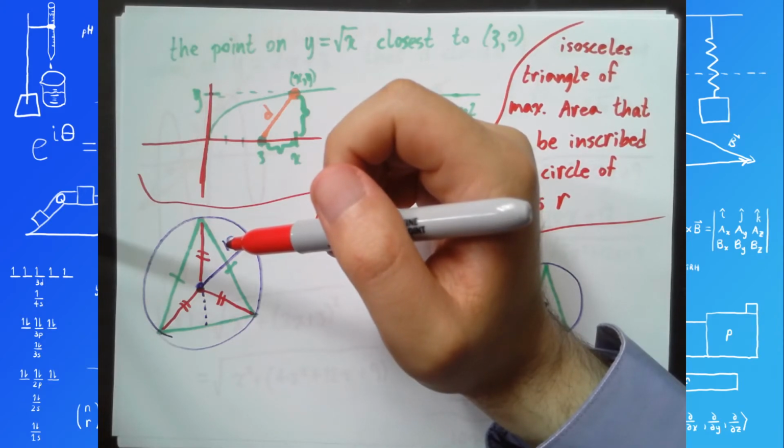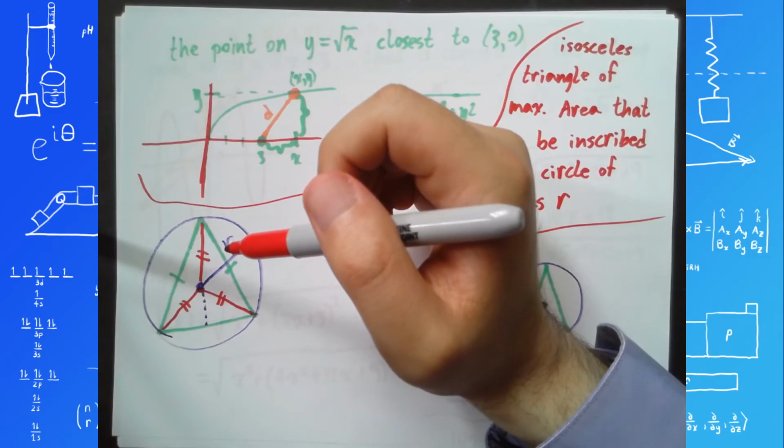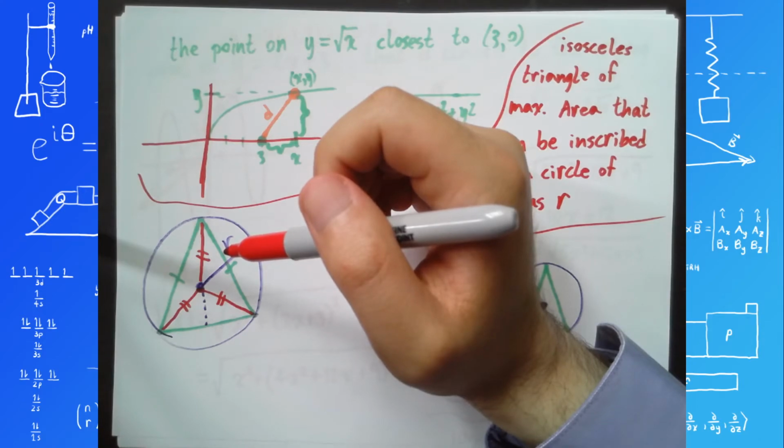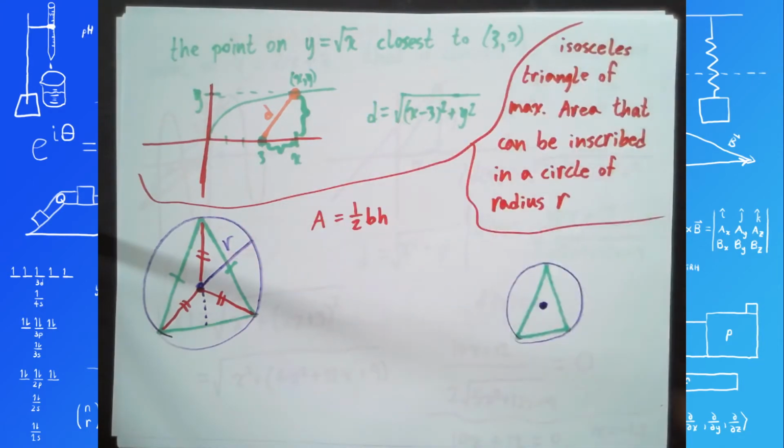Law of cosines, maybe? Yeah, there's something I'm missing with this. I was expecting to be able to figure it out on the spot, but it doesn't look like that's going to happen. So I'll give this some more thought and probably post a follow-up video later. I'll probably link it in the description or something like that.